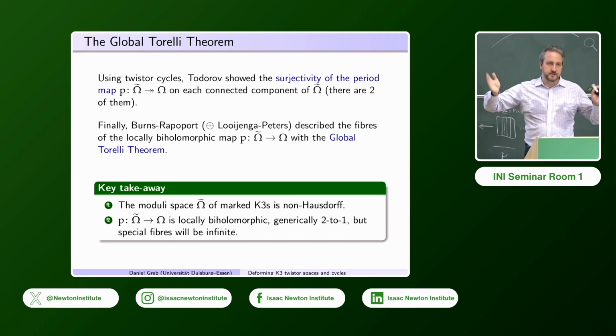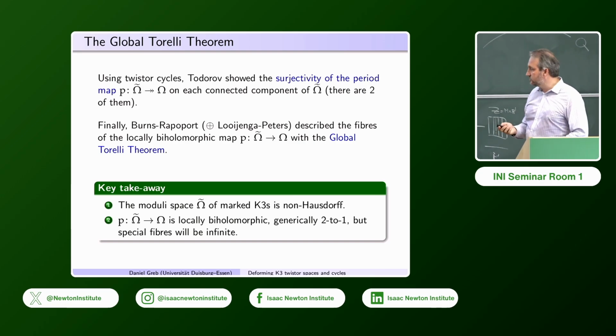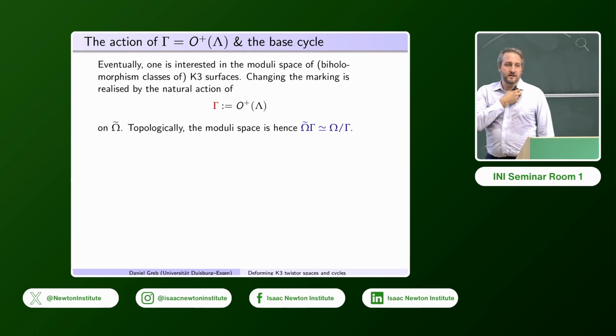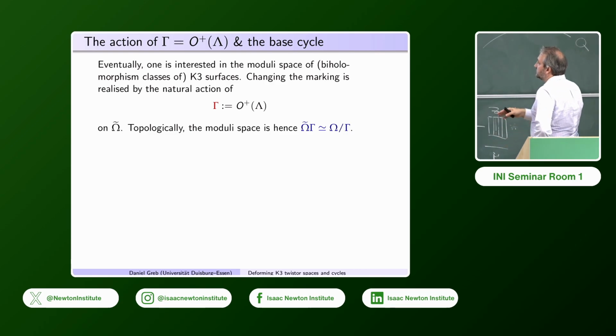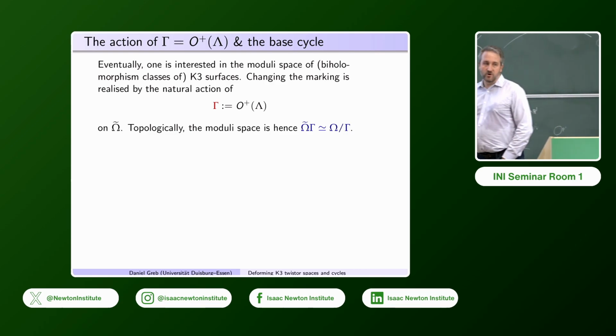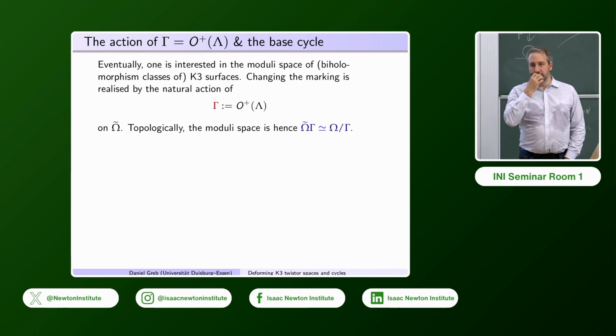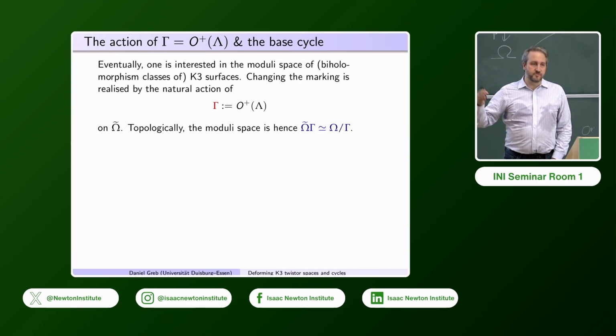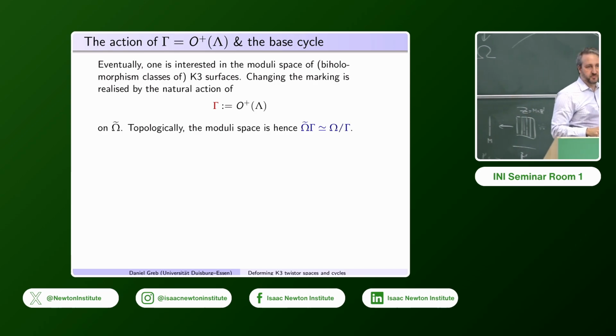So I take the equivalence relation of differing by a marking. This is what I wrote. Changing the marking is actually realized by a very nice group. Essentially it's the orthogonal group of a lattice, or concretely you write down SO(3,19), and then you take the integral points, and then there is an index 2 subgroup related to spinor.